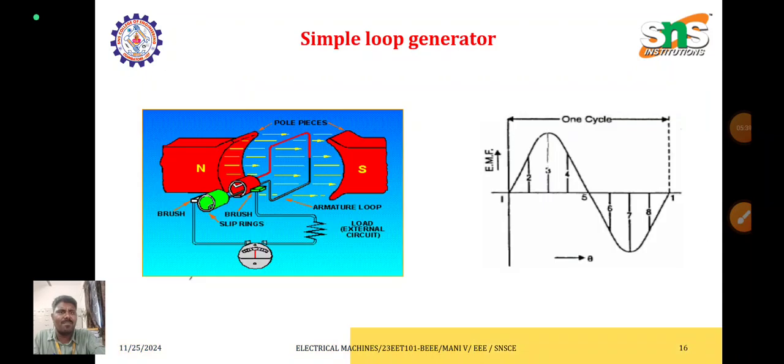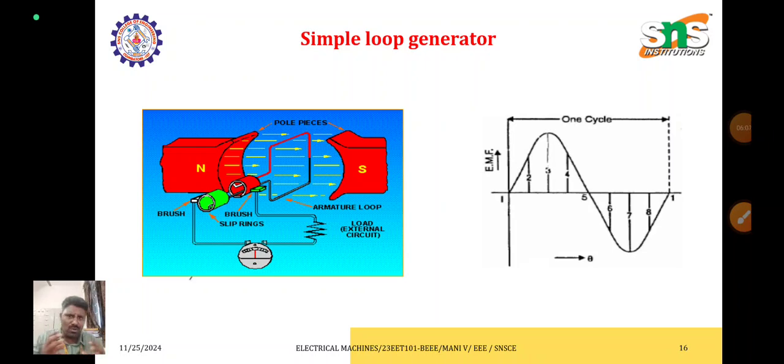So this is a loop generator. When the supply is given to the field winding, the fluxes will be produced from the north pole to the south pole. In between the two poles the armature will be there. The produced flux acts on the armature, so the armature gets rotating. At the time of rotation it cuts the magnetic flux lines, so according to Faraday's law, the EMF will be induced.